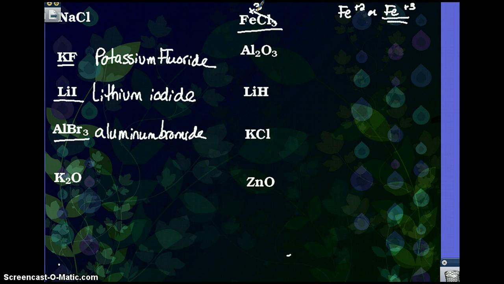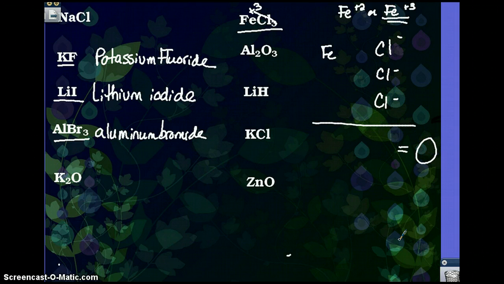Or to write the entire thing out, if we have 1 iron and 3 chlorines, and each chlorine has a -1 charge, and I know that these charges must add up to 0 to form a neutral compound, then the chlorines add up to a -3, which means the iron has to add up to a +3, and there's only one iron in this formula.